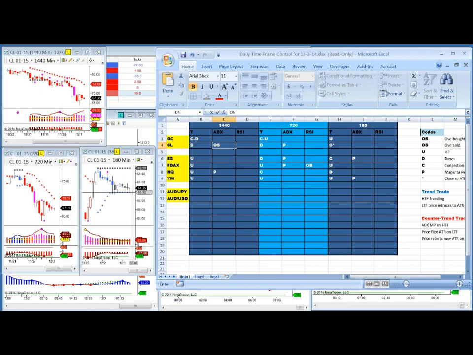So to me, this would be congestion, and we would put in the C-U and asterisk, and after the asterisk, if you want to, you can say ATR. That tells me we're at the ATR, not the congestion dot.